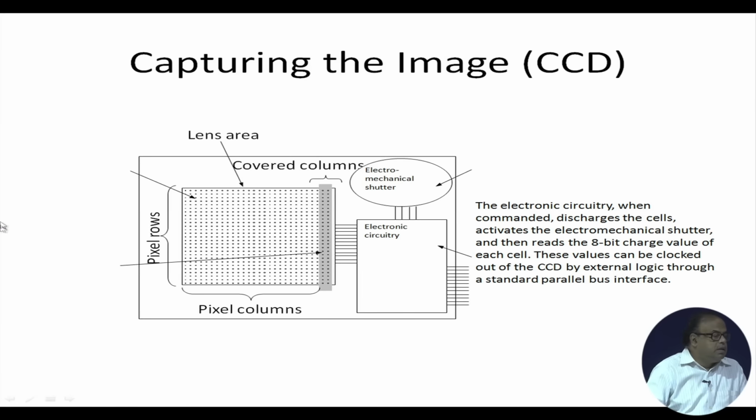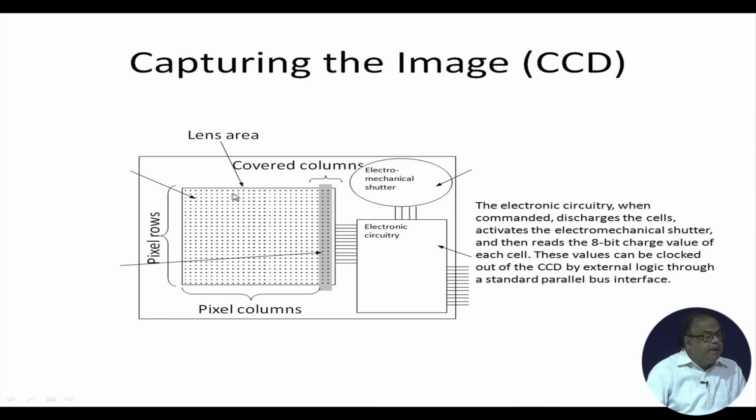Now, we have got these dots that you can see here, which are the different CCD cells. This is the lens area, and the image will be incident on this.